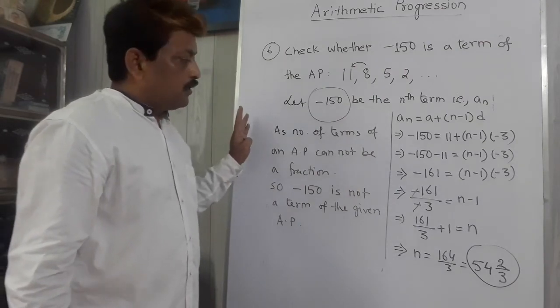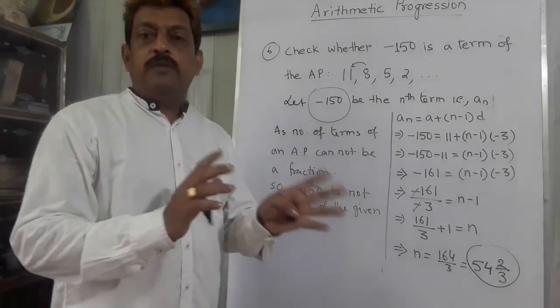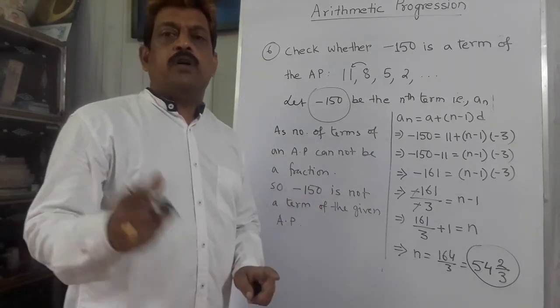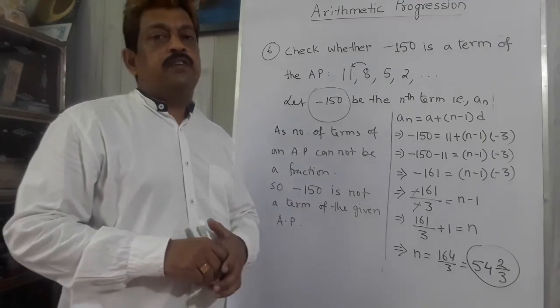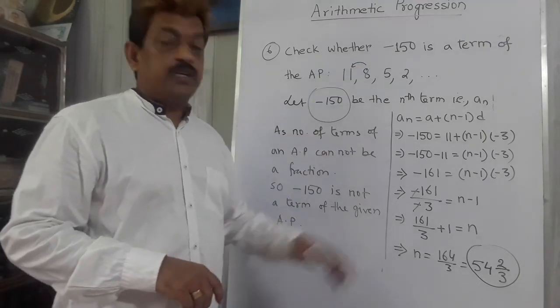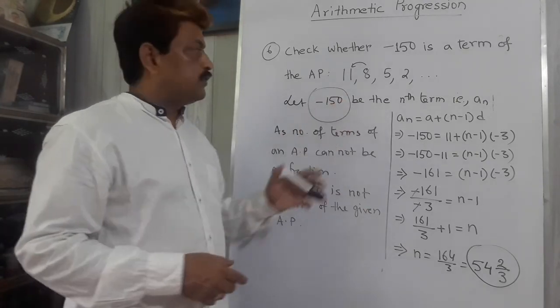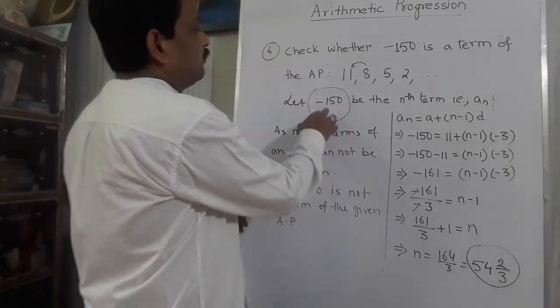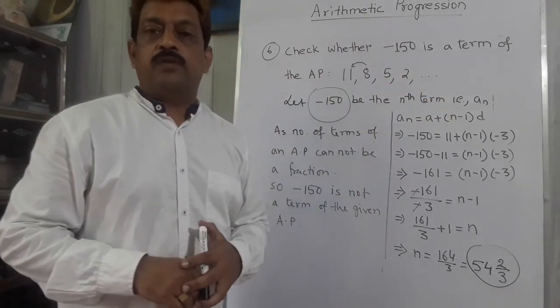There are so many sums of this type where a term will be given and an AP will be given, where we have to check whether this term is a term of the given AP or not. So first of all we have to assume that the given term is the nth term, and then proceed in this way.